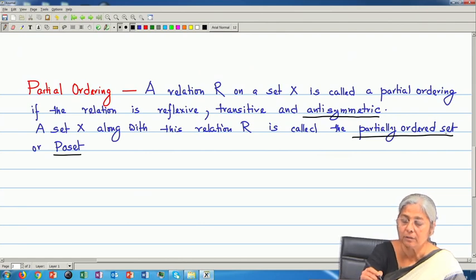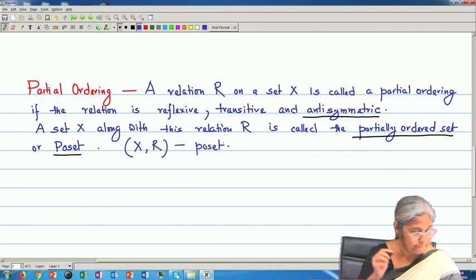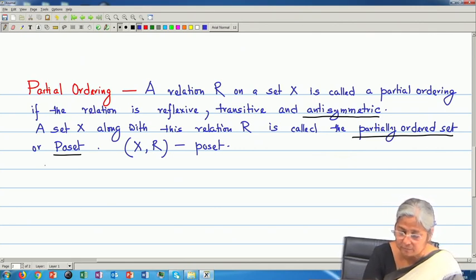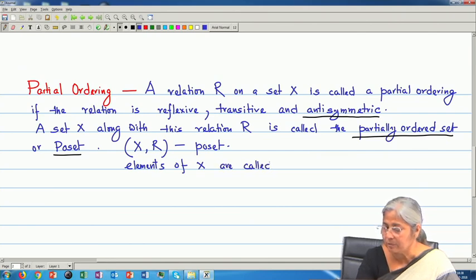Normally we denote that as X along with the relation R, and we call this my poset. The elements or members of X are called the elements of the poset.